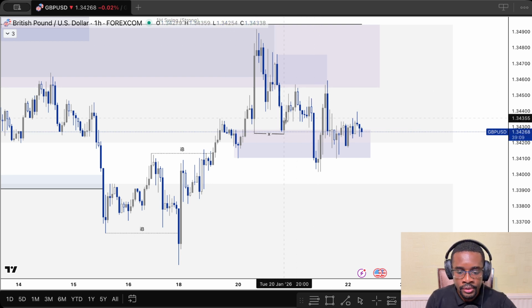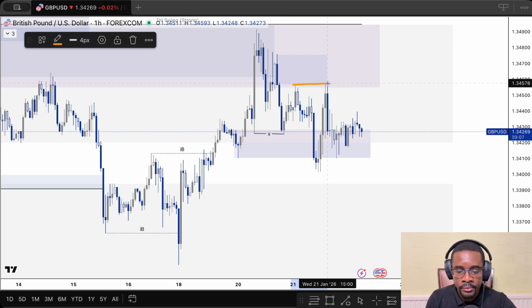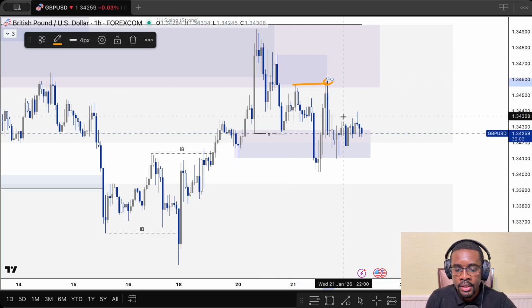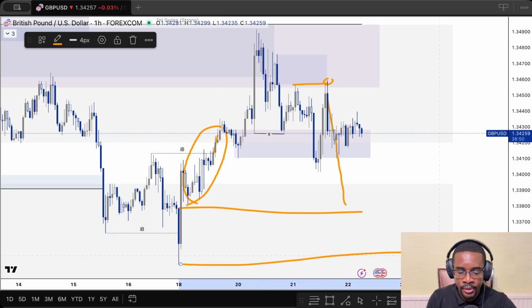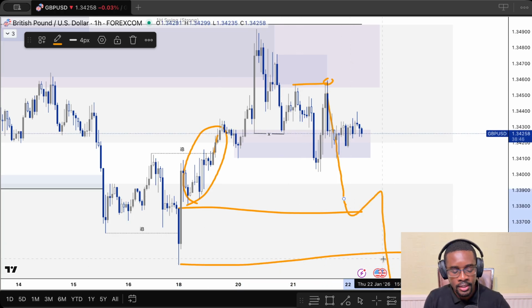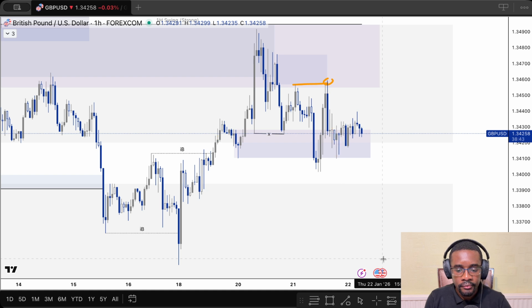And then obviously we had this liquidity which was swept right there as price stepped into the zone, and now the expectation will be price will continue bearish. There are no clear imbalances in all of this, so we may expect price to reach these extremes, maybe give a reaction or even take that out. So that was yesterday.